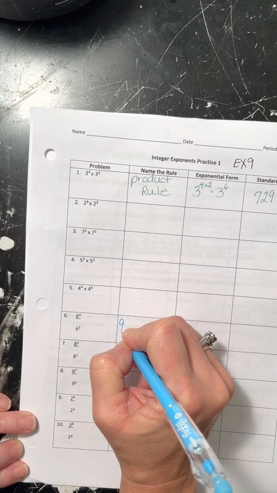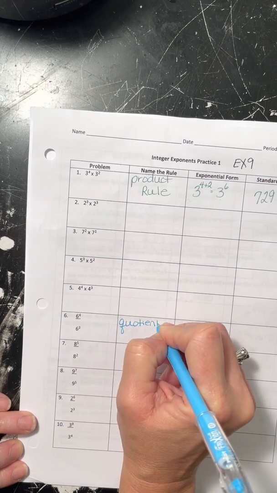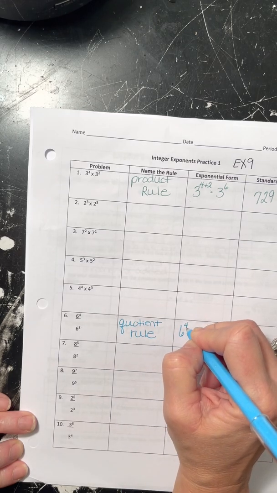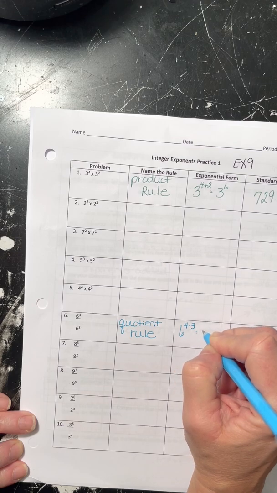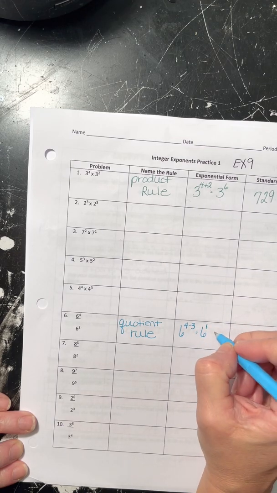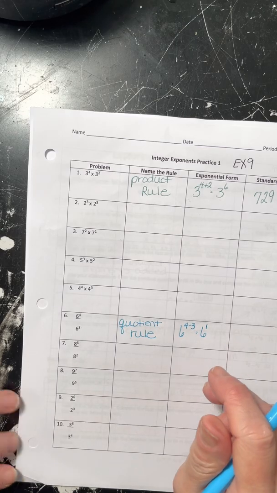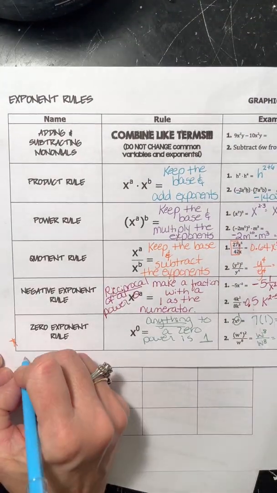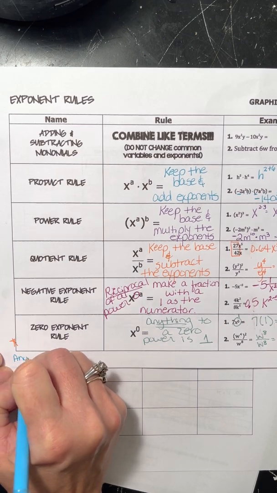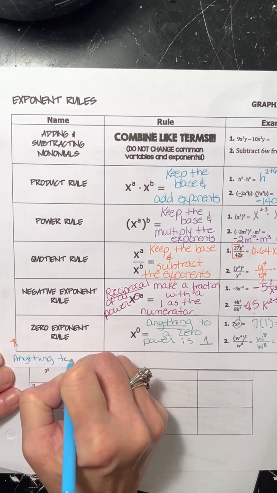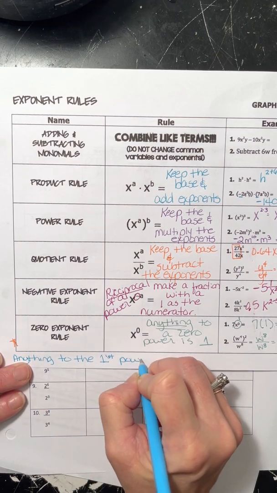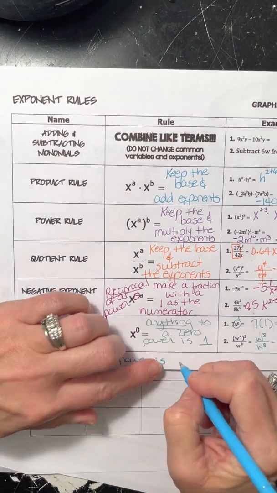This is the quotient rule. So that's going to be 6 to the 4 minus 3, which is 6 to the 1st power. Okay. Just keep in mind, too, I don't think it was written over here. Let's go back to this next page for just a minute. And make a note that anything to the 1st power is itself.